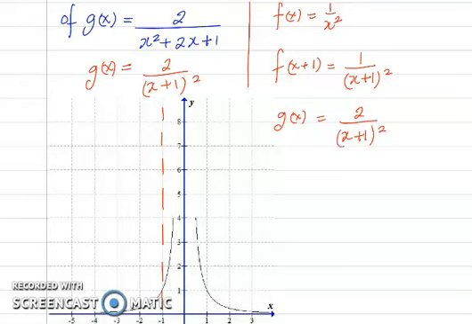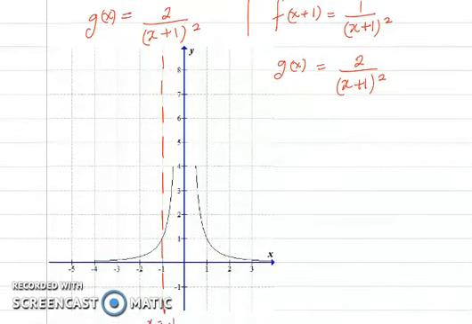Now the graph of g of x is equal to 2 over x plus 1 squared can be obtained from the graph of f of x plus 1 by a vertical stretch of factor 2. In a vertical stretch of factor 2, the x coordinates remain the same, and the y coordinates I multiply by 2. So let's see what happens to a few points.